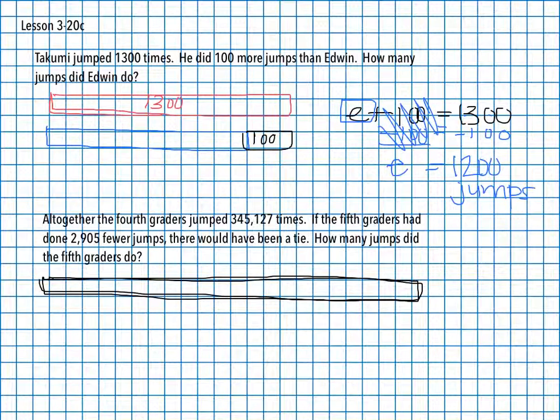Now, this currently is our unknown. We do not know this one right now. Now, we have the fourth graders who valiantly tried to keep up with the fifth graders, but they just couldn't do it because fifth graders are so awesome, right? Or they're something. So the fourth graders are right here, and their number was 345,127 jumps, which I'm going to write below here.